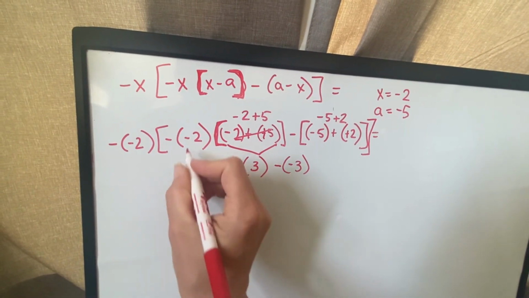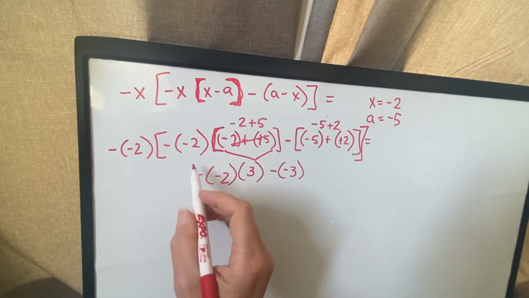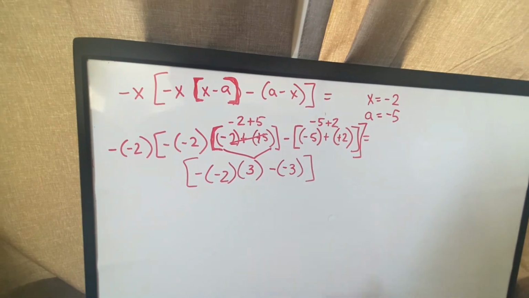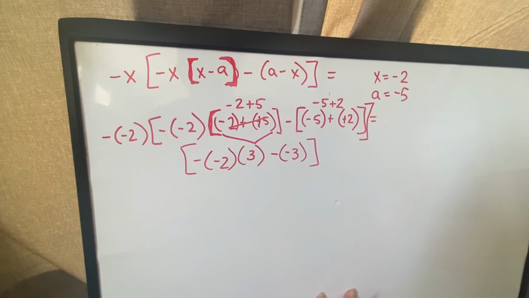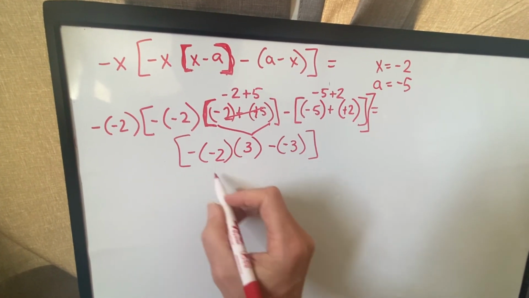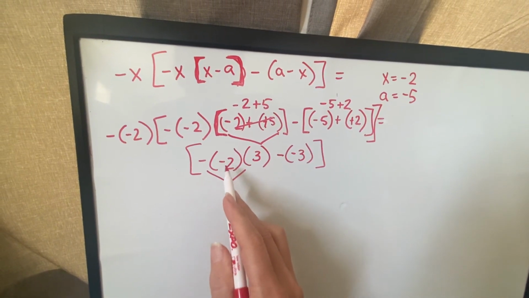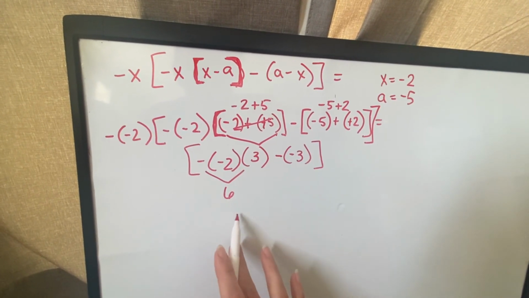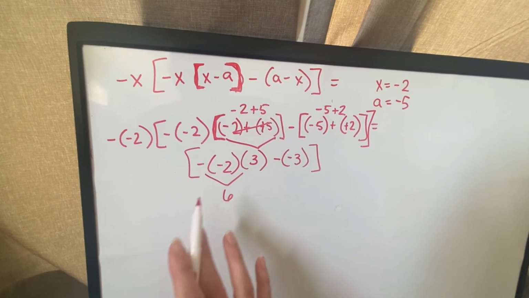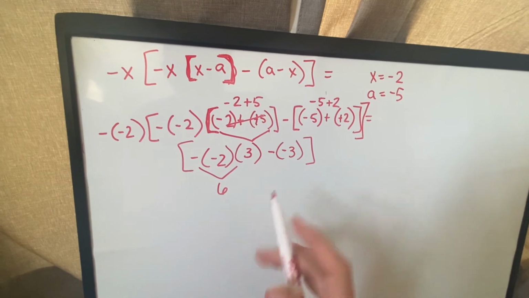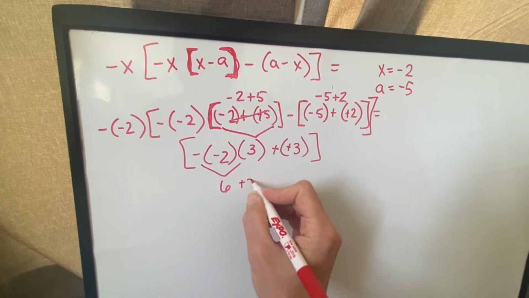And then we still have these guys over here. All right, so working from left to right, we're going to multiply first because we have all of this being multiplied together. This is going to become a +6 because remember, when there's two negatives times each other, you get a positive answer. So 3 times 2 is 6. And then when you have two negatives by each other like this, it's like adding.